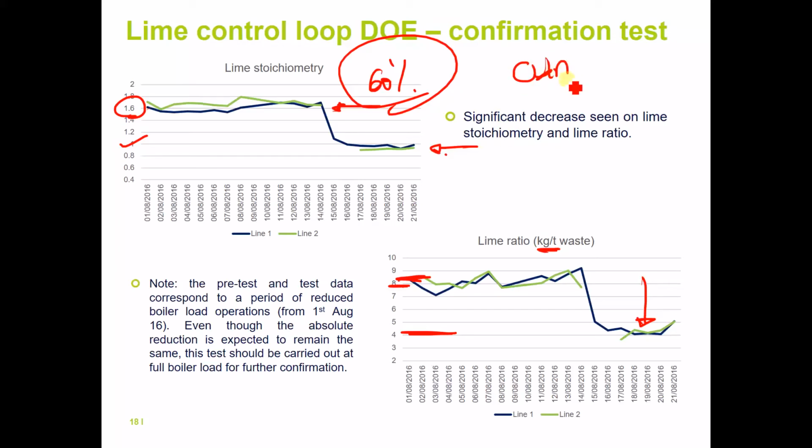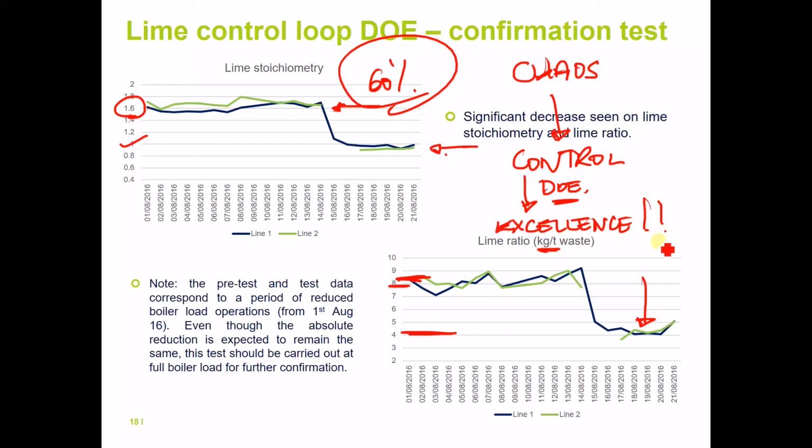You just go chaos to control. Then you design a DOE, and you go from control to excellence. This is the way Six Sigma works. People wonder what Six Sigma is. That's it right there.